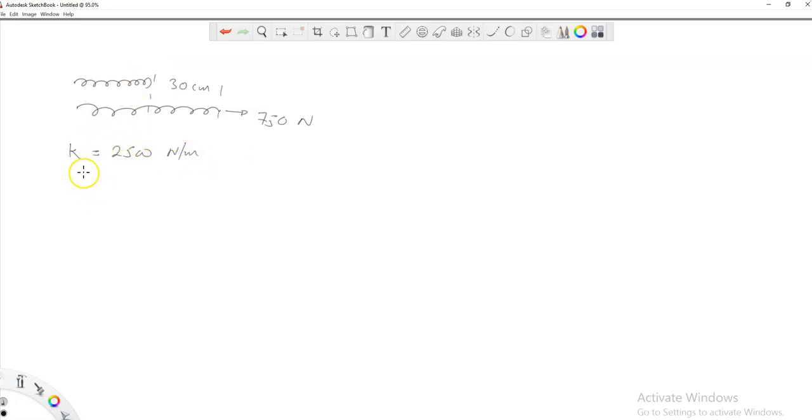The question is how much work you do when stretching it from the starting point all the way to this 30 centimeters. Work equals half kx squared, half times 2500 times 0.3 squared, which, using the calculator, looks like 112.5 joules.